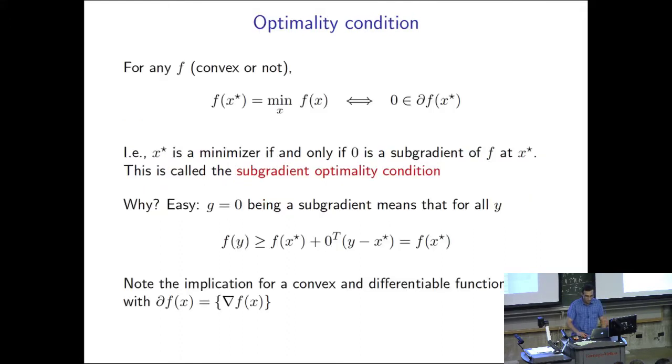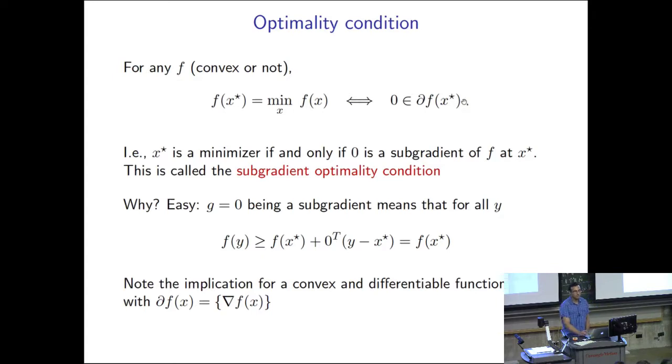Okay, so let's start off with optimality. This is so simple. You're going to look at me like I'm pulling a sleight of hand here. But for any function, convex or not, if I'm at a point x star that achieves the minimum, that's equivalent to 0 being a subgradient of f at x star.